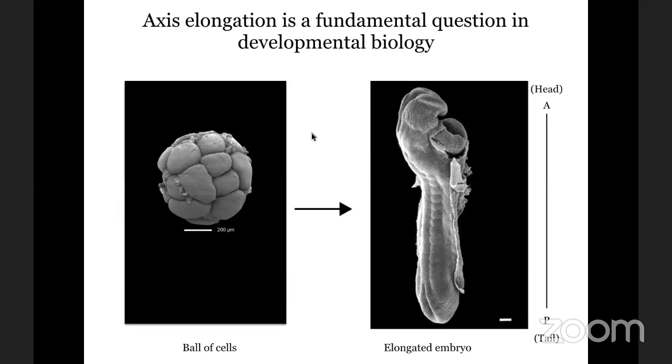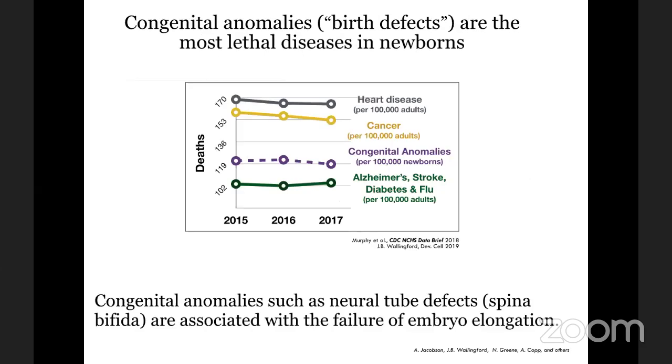Understanding axis elongation is a fundamental question in developmental biology, where embryos at initial stages resemble a ball of cells, which are roughly spherical in shape, and then they elongate along an axis in order to form the head to tail axis. This is important to understand because the failure of the embryos to elongate appropriately can lead to many birth defects or congenital anomalies.